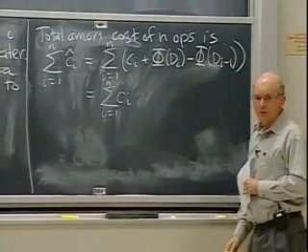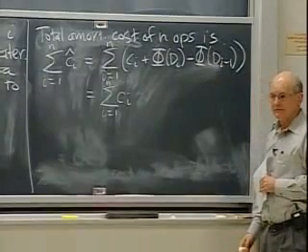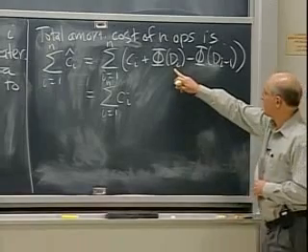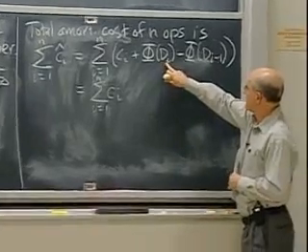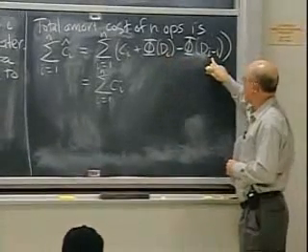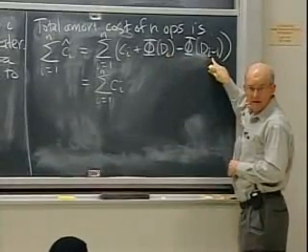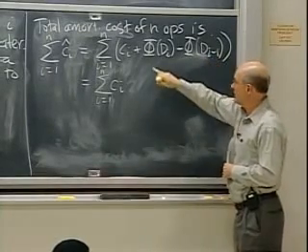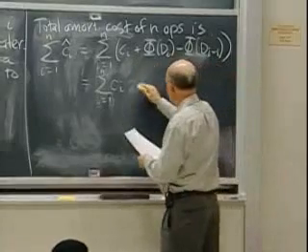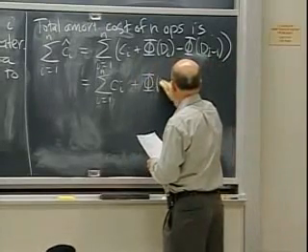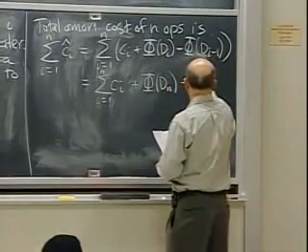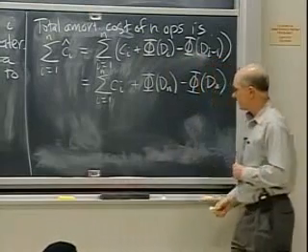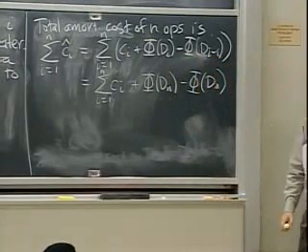What's the mathematical term we use for it? Telescopes. Okay? Every term on the left is added in once when it's I and subtracted out when it's I minus 1, except for the first and last terms. The term for n is only added in, and the term for 0 is only subtracted out. Okay, so this is because it telescopes.